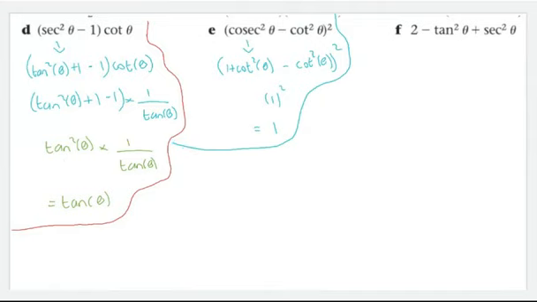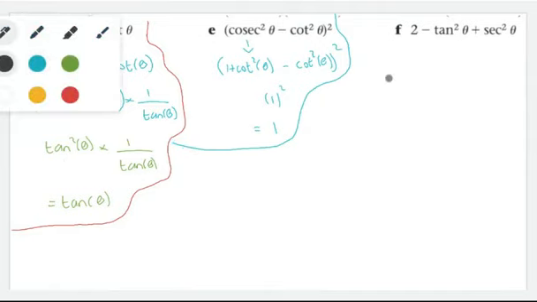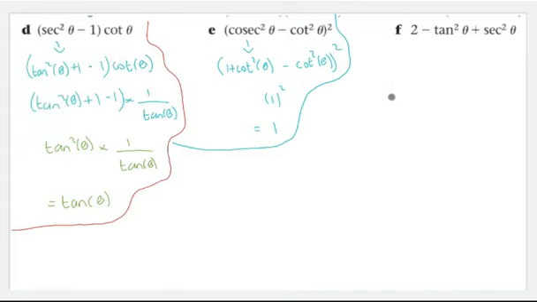And the last example, or the third one on this page anyway. Would you first change sec squared theta to tan squared theta plus 1? So this one would become 2 minus tan squared theta plus, and then the sec squared, yes, we know is tan squared theta plus 1.